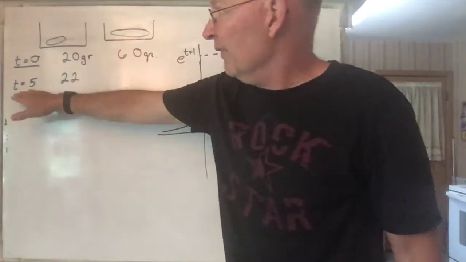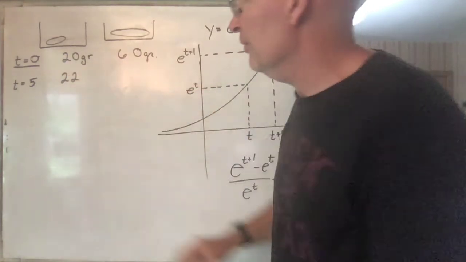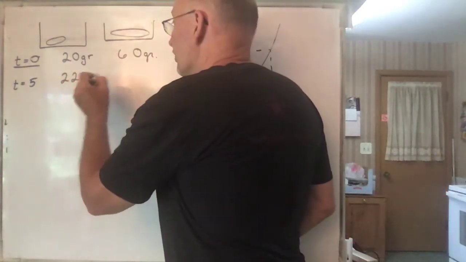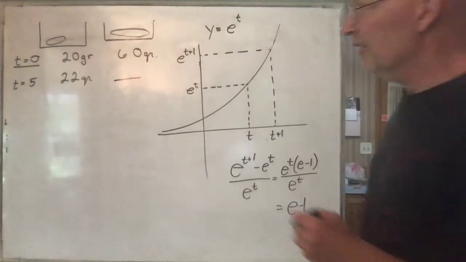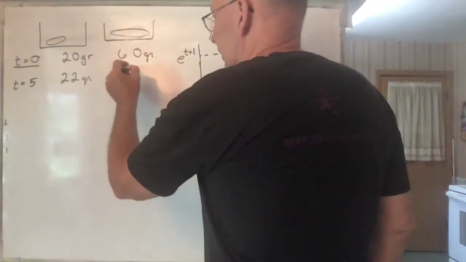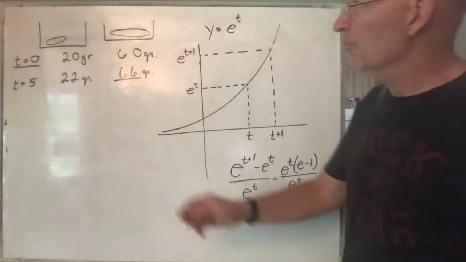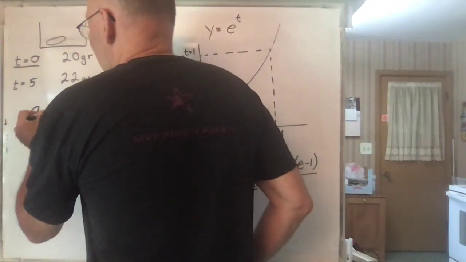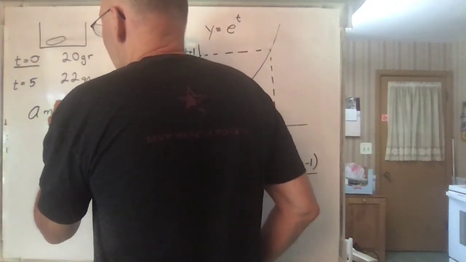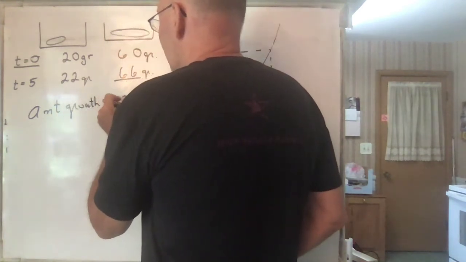And you come back 5 hours later, and now this has grown to 22 grams. And the question is, what would you expect this to have grown to? And if you agree with me that you might expect it to go to 66, then what you're doing is assuming that the amount of growth, the amount of change, is proportional to the amount there.